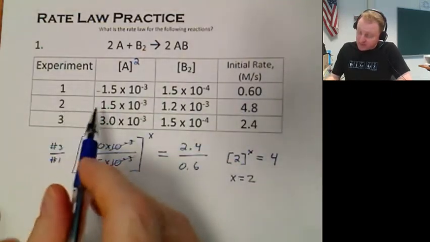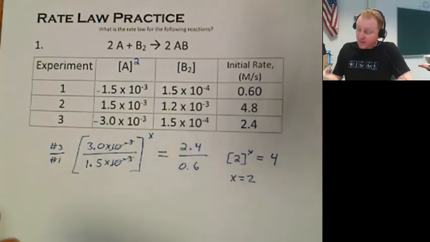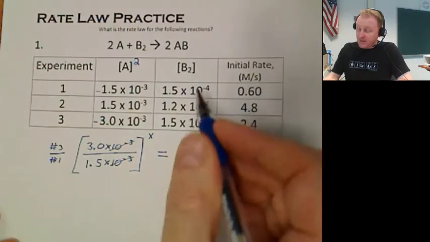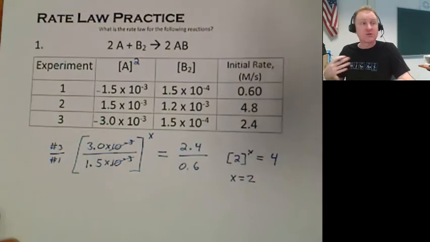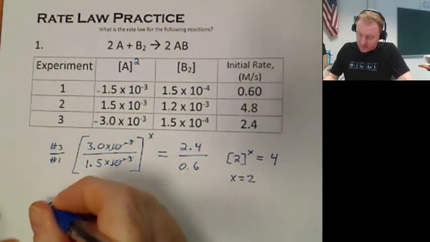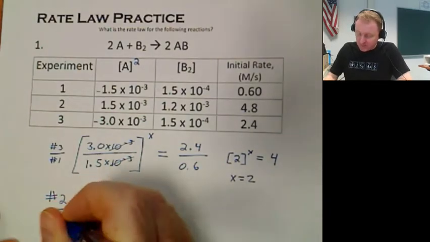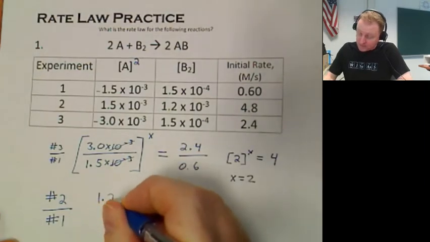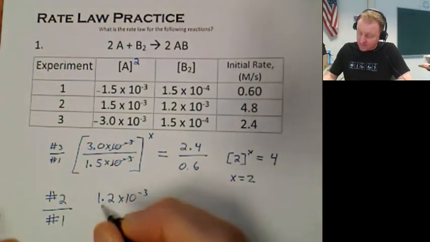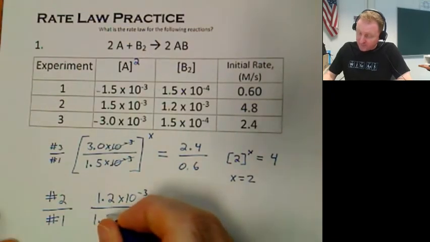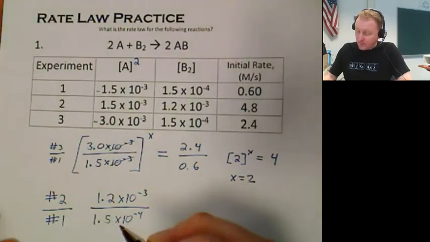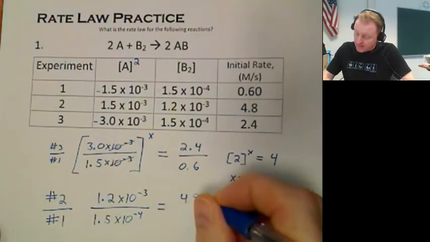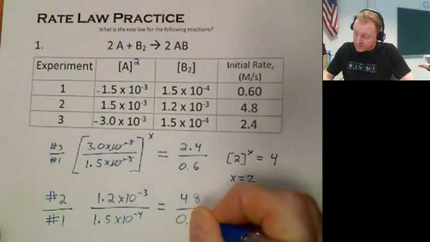So we're going to choose this one, and I'm again going to put the larger number on top. The larger number is 1.2 times 10 to the negative third, because 10 to the negative fourth is even smaller. Remember, negative is small. So I'm going to put experiment 2 over experiment 1. This would be 1.2 times 10 to the negative third over 1.5 times 10 to the negative fourth, and that will equal 4.8 over 0.6.